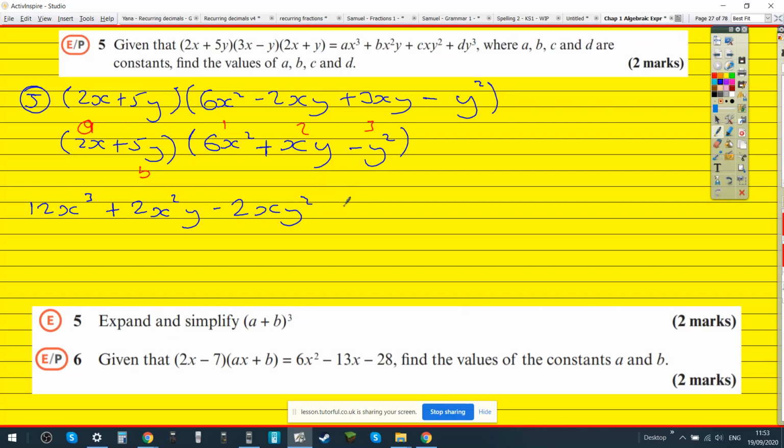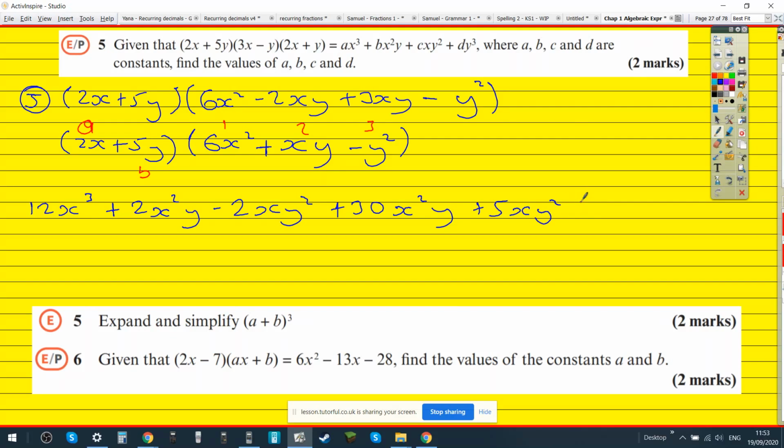And then now would you do it with the 5y? So you do 5y times 6x squared, which would be 30x squared y. And then 5y times xy, which would be 5xy squared.